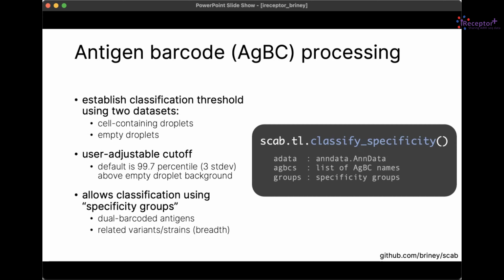So what we have found is that in some cases, the most interesting cells, the broadest ones you'd be most interested in, tend to get missed by falling below that cutoff. To prevent that, we've used this concept of specificity groups. We can group antigens by specificity. For example, if you had your 7 HAs, you could just call that your influenza group.